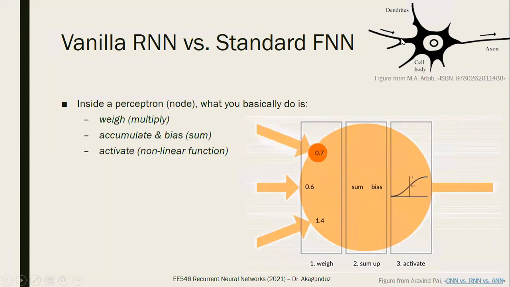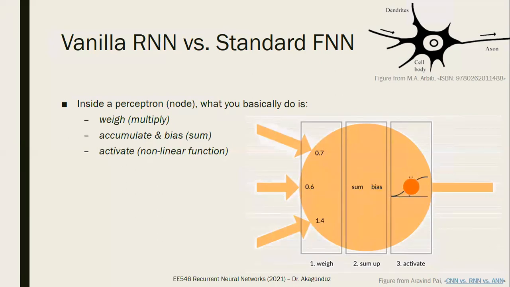The electrical current going in will depend on the thickness of some cover, called myelin in your cells. It will depend on how much of that current will be transmitted to the cell. So it is like the weight that you multiply. Then you accumulate everything inside and you apply a nonlinear function, so you have another value. That was the idea, and it was a perfect idea because if you could find the proper weights, you were able to do anything. So that was the biological inspiration for the neural networks.